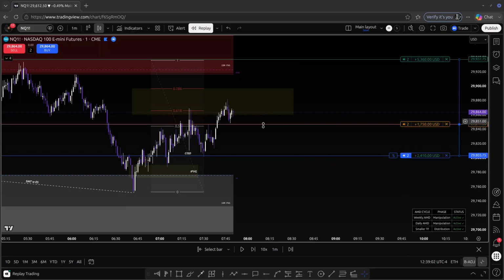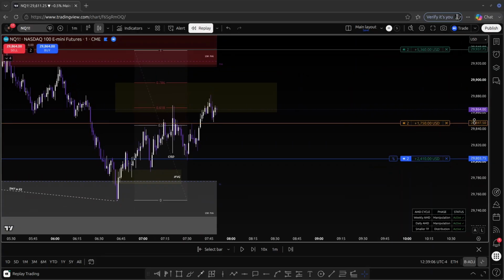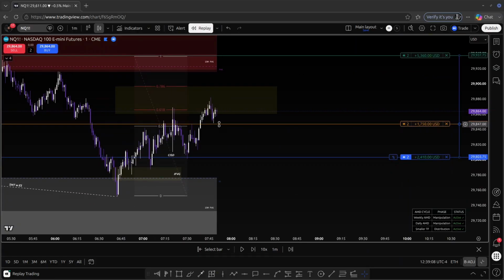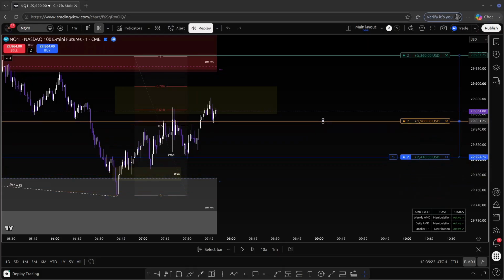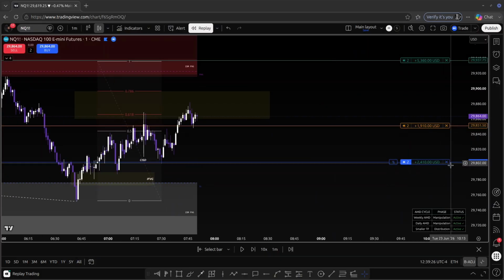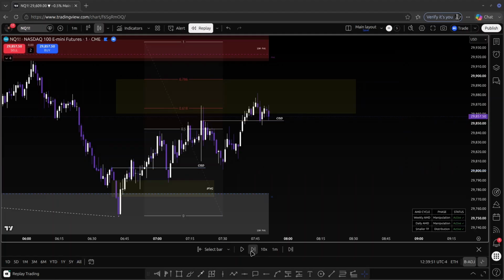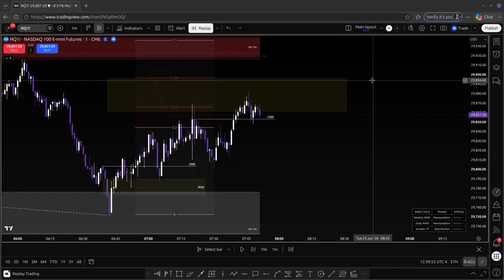Whether that is $300, $200, $400, I promise you, even though it might look small, depending on your size position, it is better to secure profit than to just secure nothing and break even, or just to take the full loss because you decided not to trail your stops. So at this time, I trailed my stops, let it play out, and then boom, I got stopped for full profit.